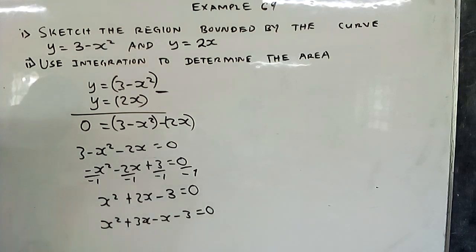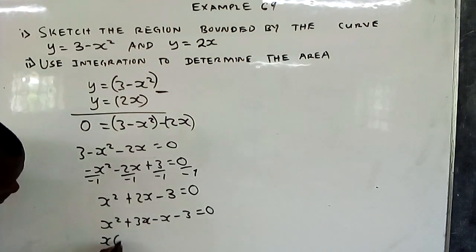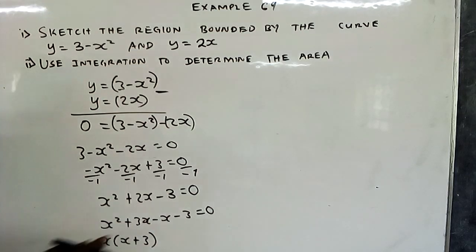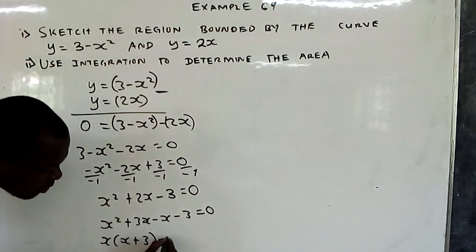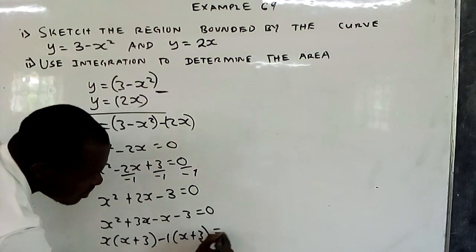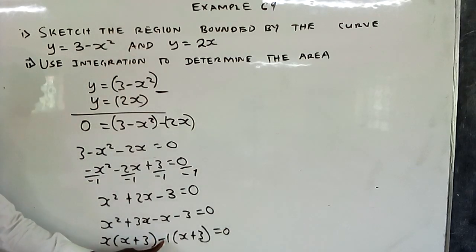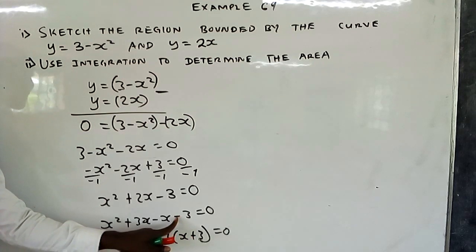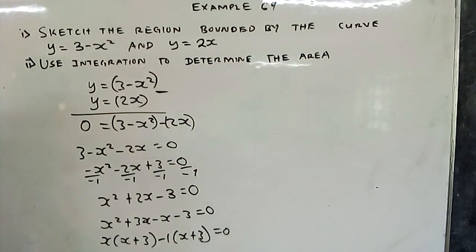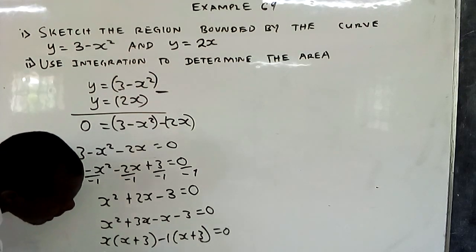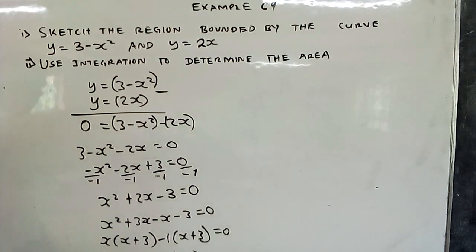So do your factorization as you normally do. So this is x into x plus 3, x is a common factor there. Then the second one, negative 1 is a common factor, so minus 1 into x plus 3 equals 0. Are we together? So what do we have here? x minus 1 into x plus 3 equals 0.